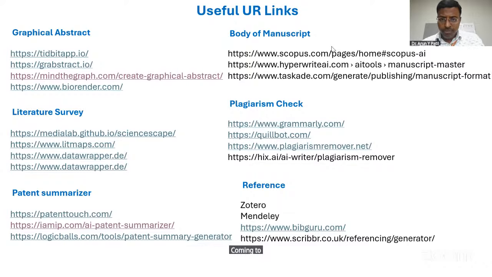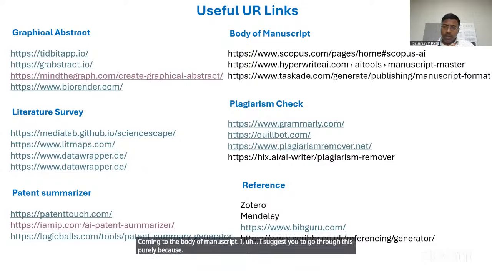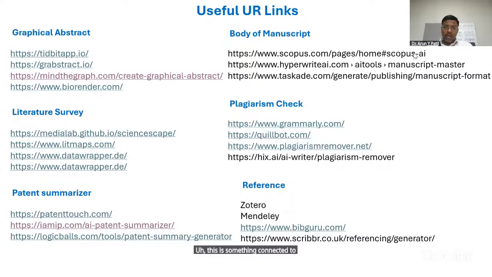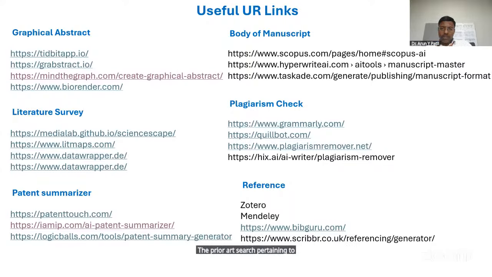Coming to the body of the manuscript, I suggest you go through this purely because it is connected to Scopus AI, a very wonderful tool currently being added by Scopus, which will give you indicators from the prior art search pertaining to the publication, that too recent.